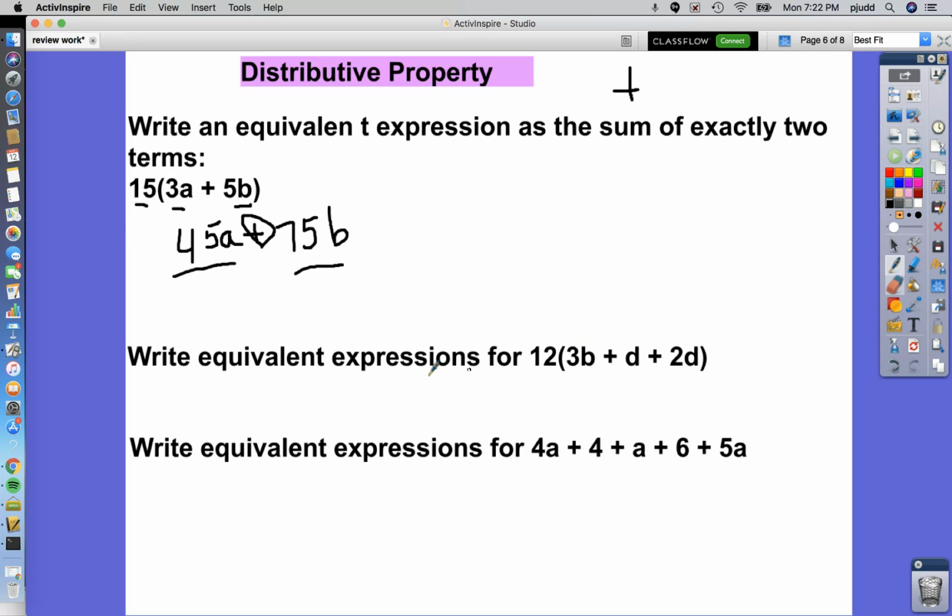I know I can multiply 12 times 3, and that's going to be 36B plus 12 times D is 12D plus 12 times 2D is 24D.